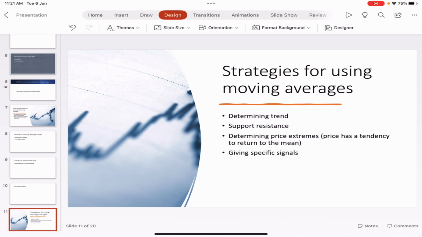Okay. So the second strategy in order to use the moving average is support and resistance. We already know what support and resistance are. We saw it in the previous chapter, and sometimes the moving averages work as support and resistance.